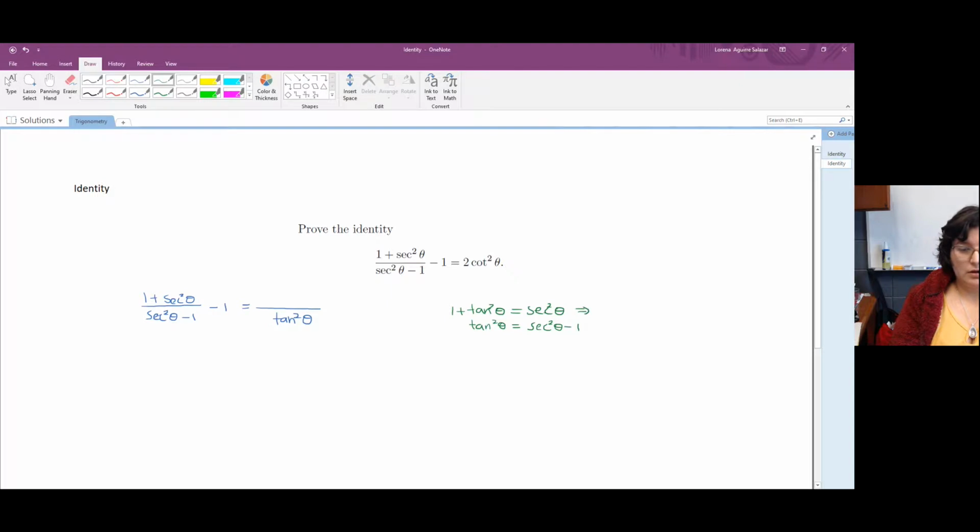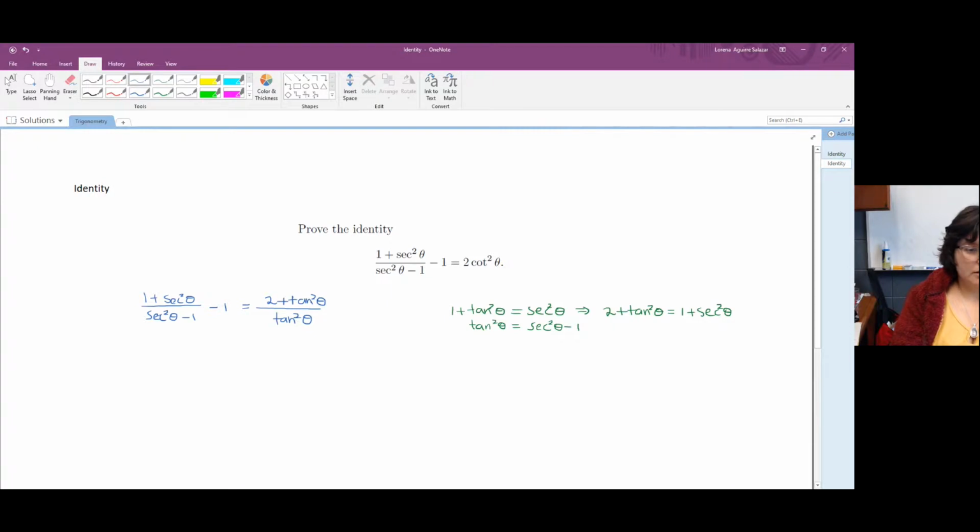When we add 1 to both sides of the equation, we get 2 plus tangent squared of theta equals 1 plus secant squared of theta. So we can replace the numerator of the first term on the left-hand side of the identity by 2 plus tangent squared of theta.